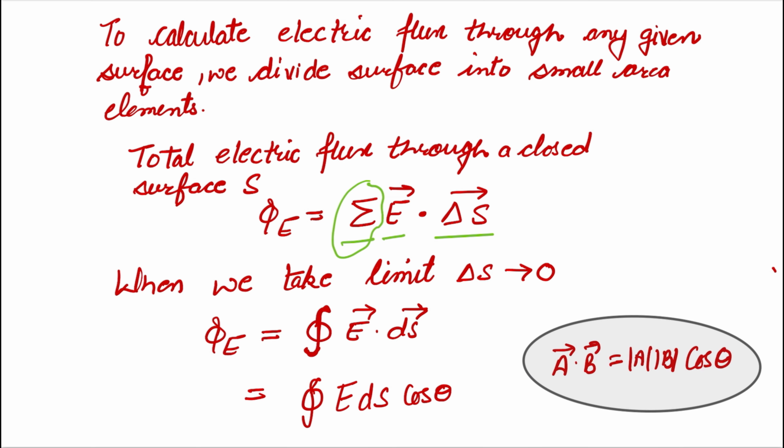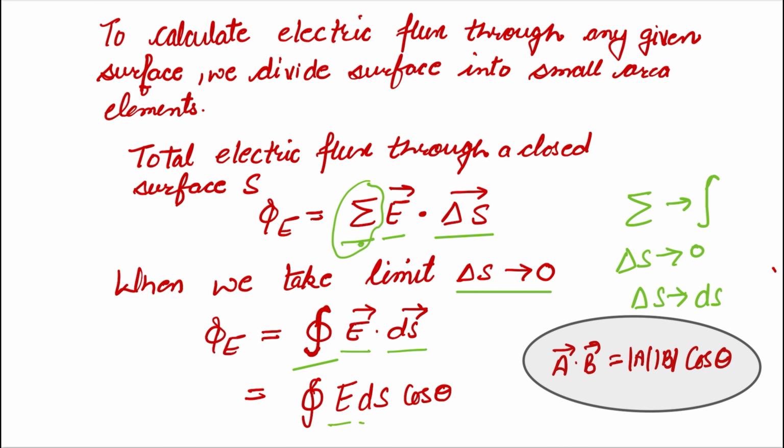If you take your area element to be extremely small, then the summation changes into an integral. Delta S is replaced by dS, which represents the small change, so it will be E vector dot dS vector. Using A vector dot B vector equal to the magnitude of A, the magnitude of B and cos theta, it will be E dS cos theta.